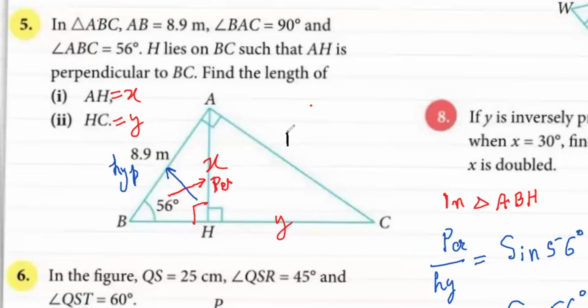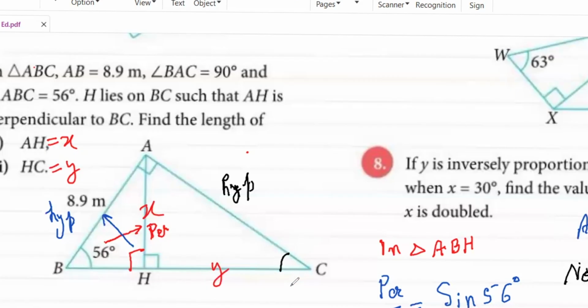In the triangle AHC, AC is the hypotenuse. How can I find out angle C? First of all, I'm going to find out the angle C. Look, I'm drawing the triangle ABC separately.